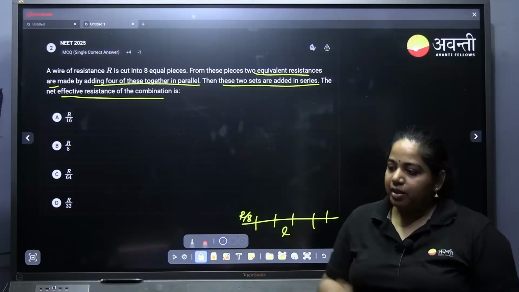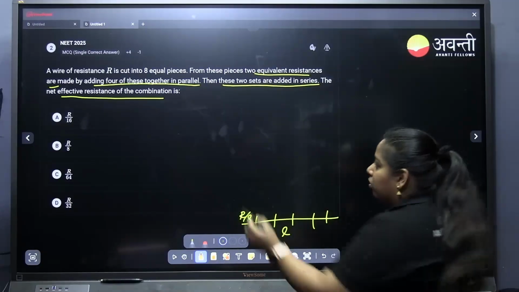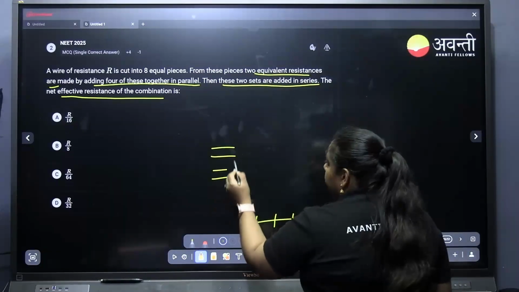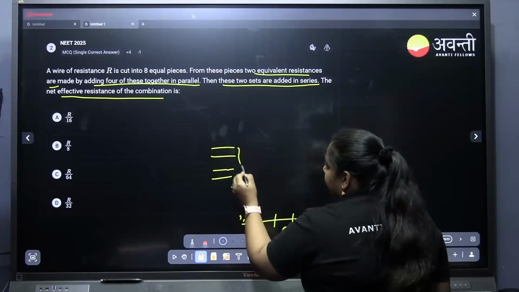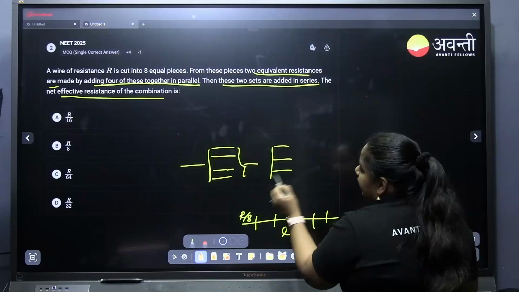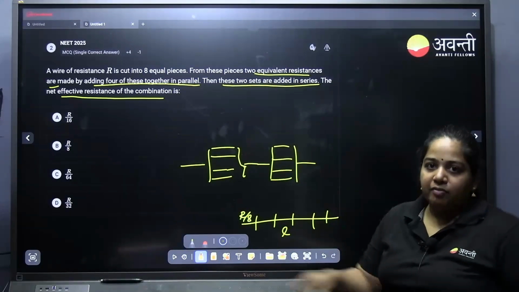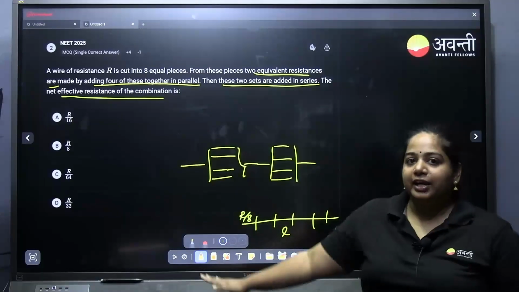Then we make 2 sets: 4 pieces we connect in parallel, and then connect the sets in series. This is what we are doing. One wire we cut into 8 pieces.